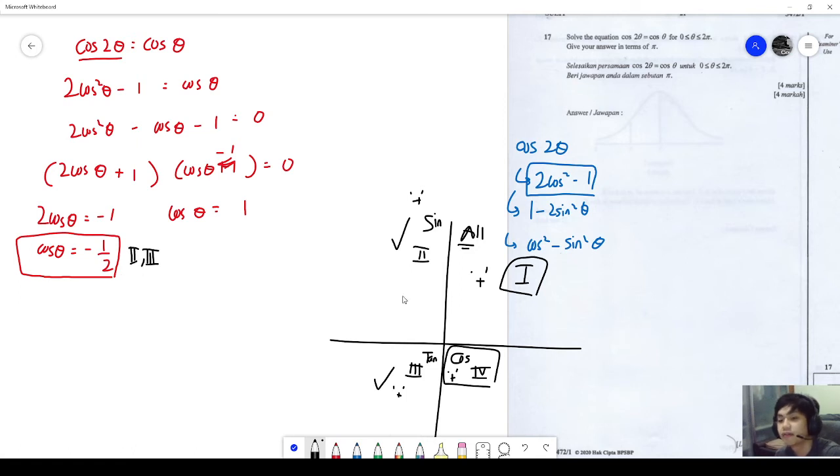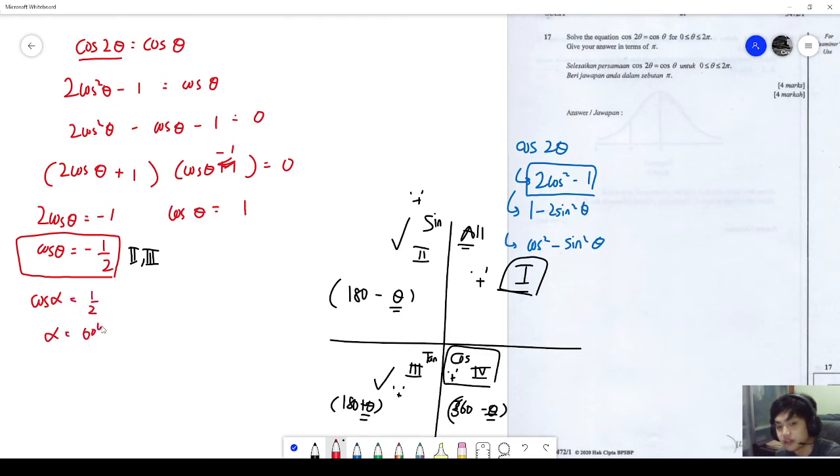The formulas we have for the second, third, and fourth quadrant are 180 minus θ, 180 plus θ, and 360 minus θ. This θ is actually the basic angle, or the angle in the first quadrant. So we have to find the angle in the first quadrant first: cos α equals half, so α equals 60 degrees in this case.